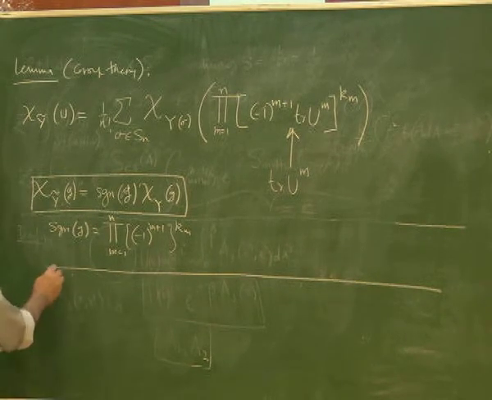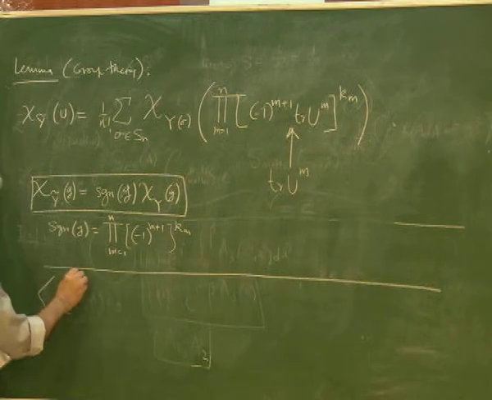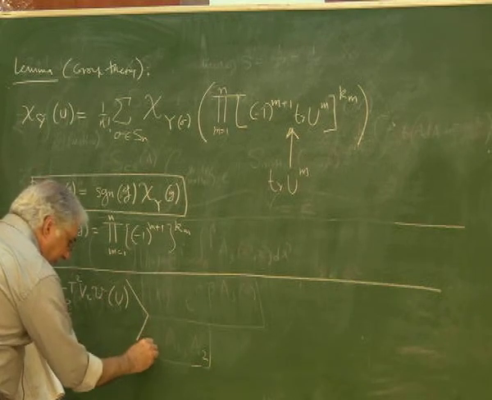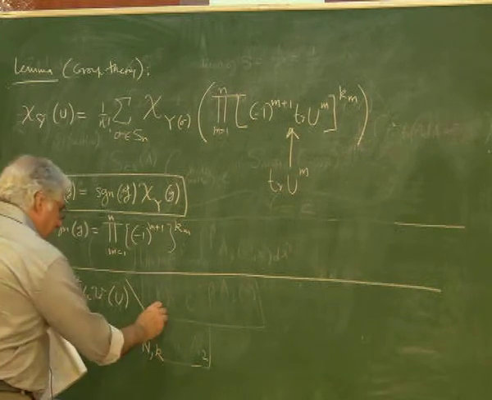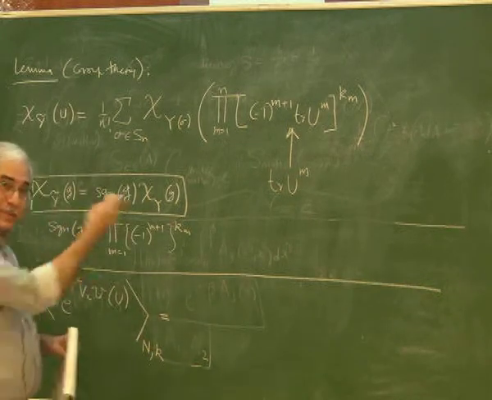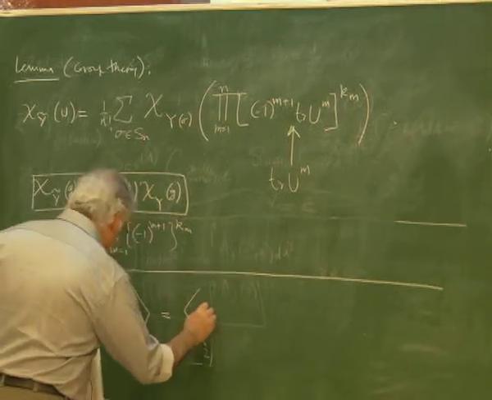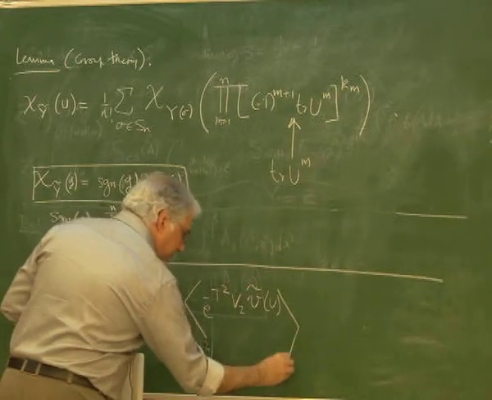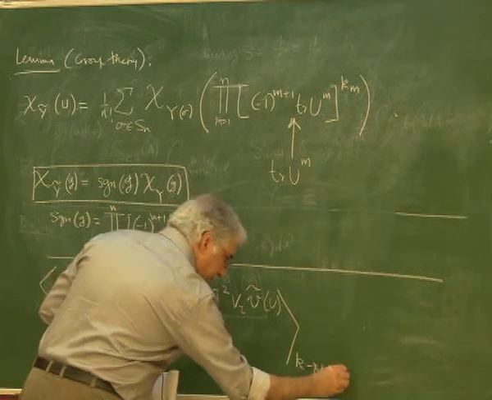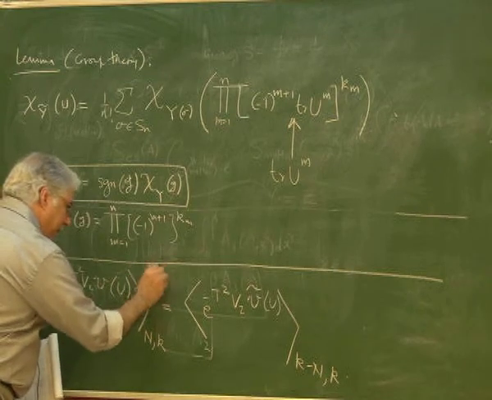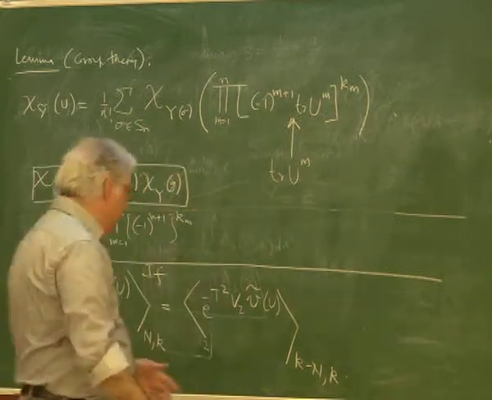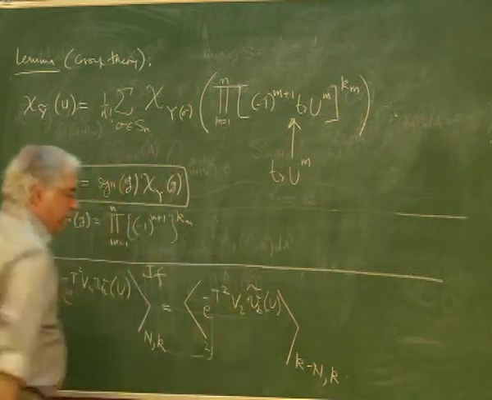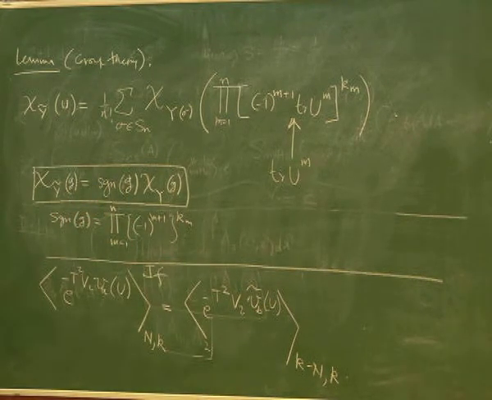So what it means is that our calculation of the e to the t square V2 times V of u in k, if your V of u is such that this happens, if this is true, then the two theories, with VA and VB, or V twiddle as I wrote, are related by level rank duality.